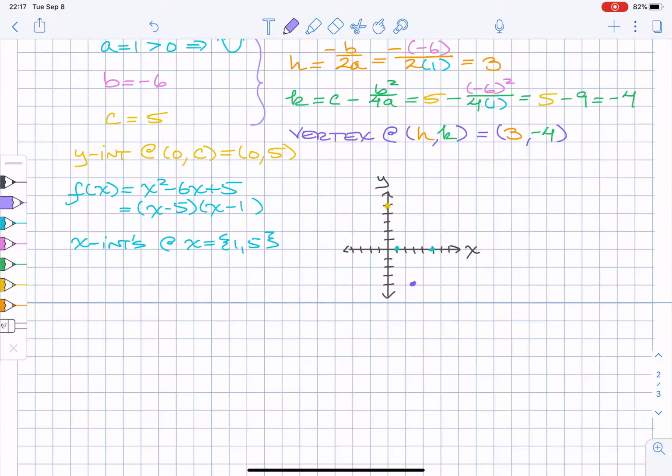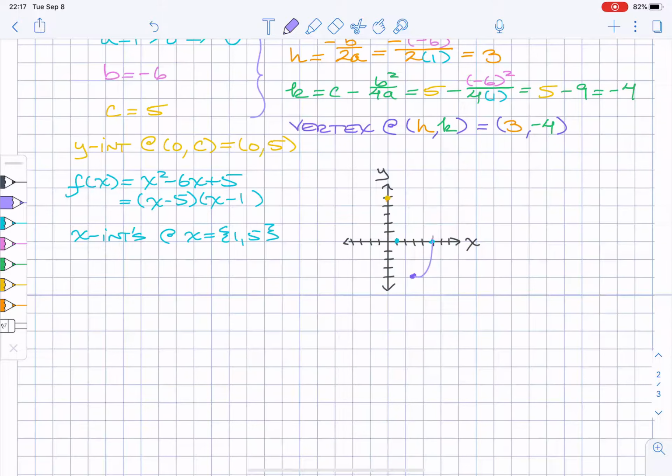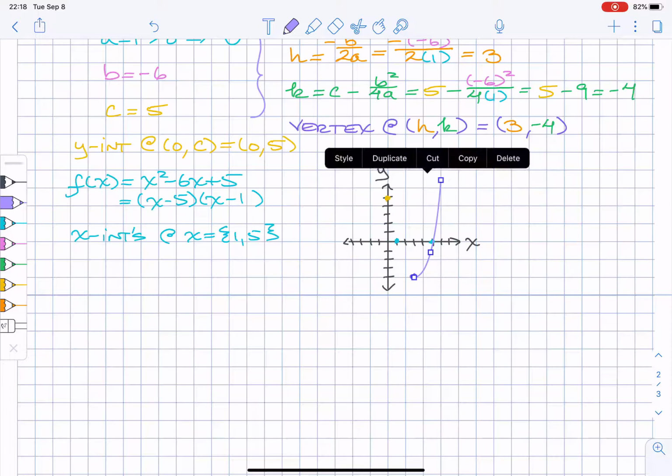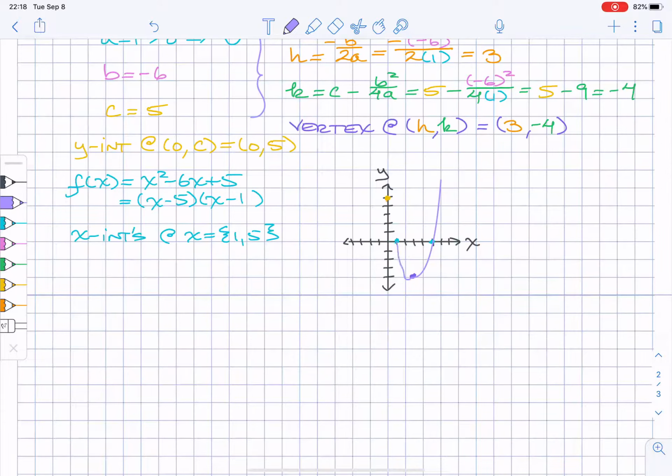Okay, so now I'm going to plot this graph. Nope, okay. It's supposed to autocorrect. Why is it not autocorrecting?